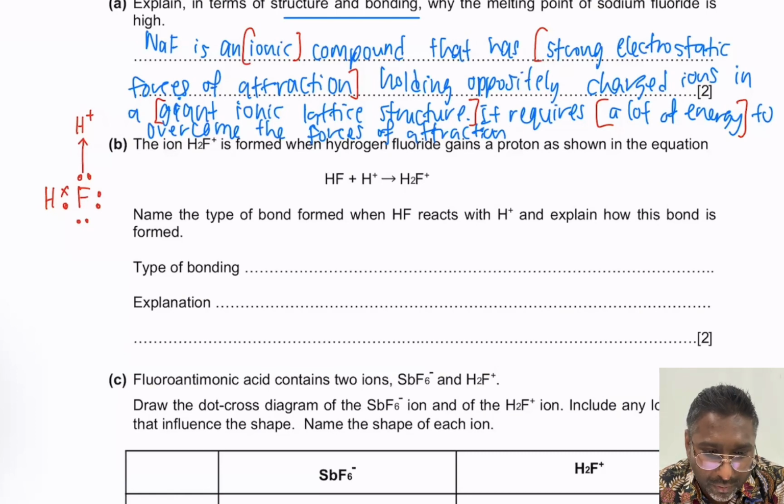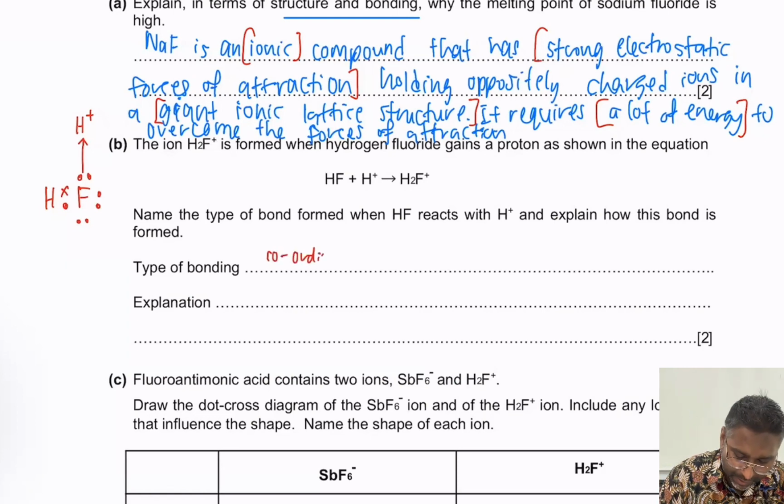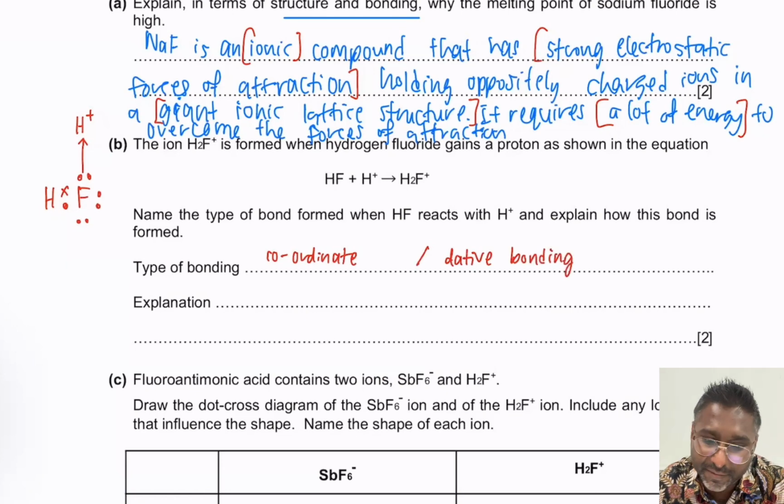Coordinate bonding. So don't say hydrogen bonding or covalent bonding, Ishana, that is wrong. The type of bonding must be coordinate bonding, or you can answer dative bonding. You need to mention this specifically.